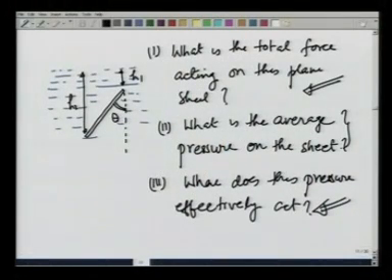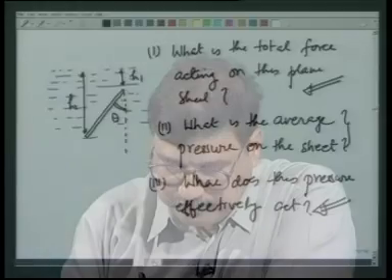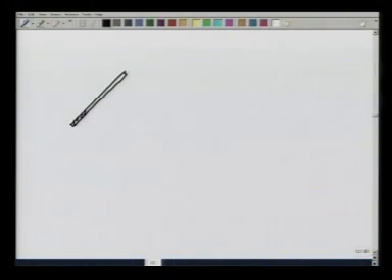So, let us work this out. Let us take this depth to be h1, this is h2, and you can see that the pressure out here is going to be rho g h1, and it increases, and at this point it becomes more.